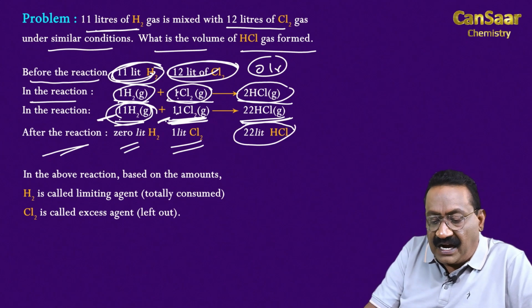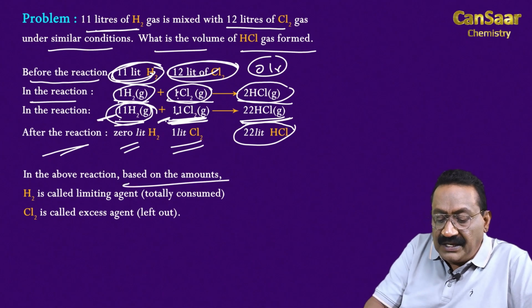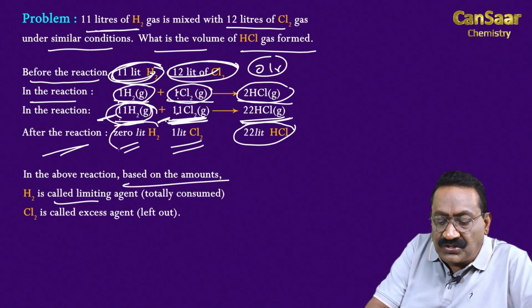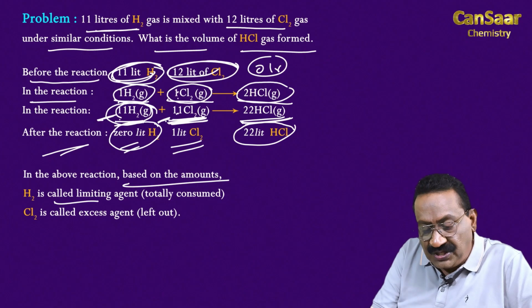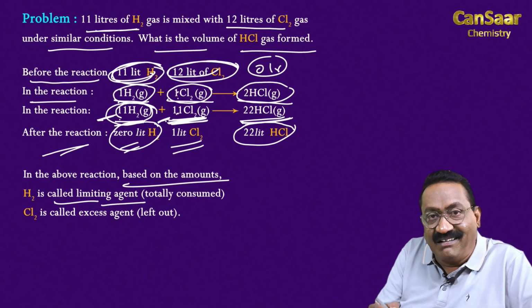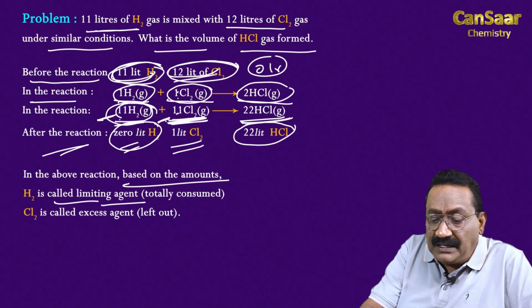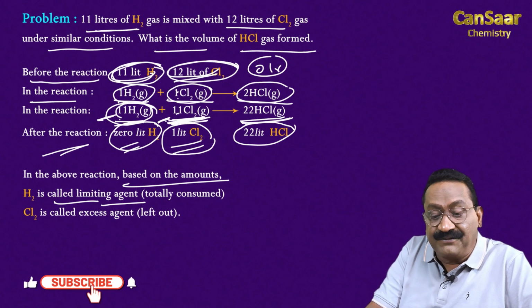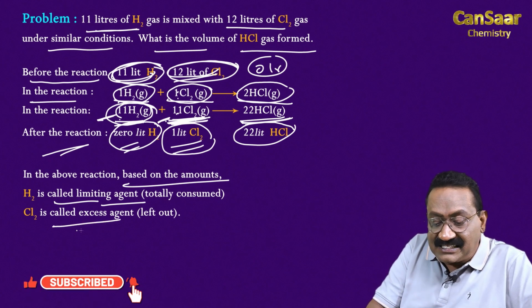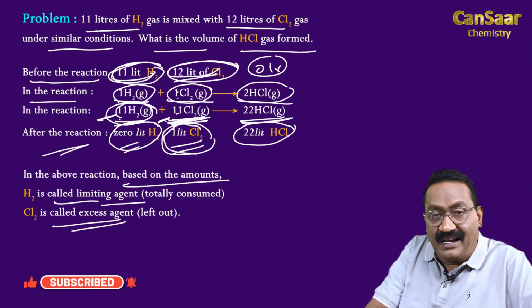So, in this reaction, based on the amounts, H2 is totally consumed, left out amount is 0, hence it is correctly called the limiting agent. And out of 12 liters of chlorine, 11 liters of chlorine consumed, 1 liter of chlorine is left out. It is called the excess agent, remaining left out.